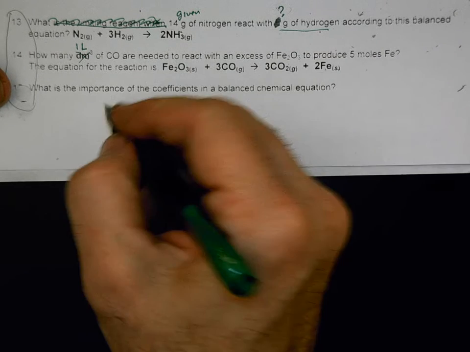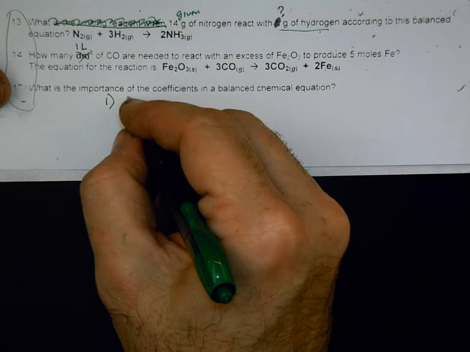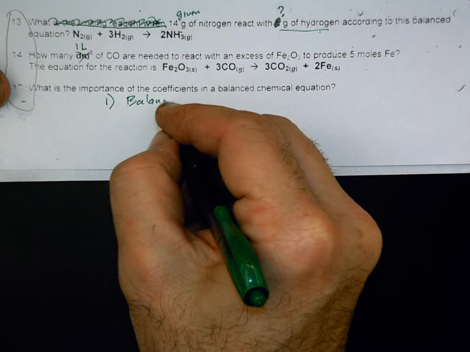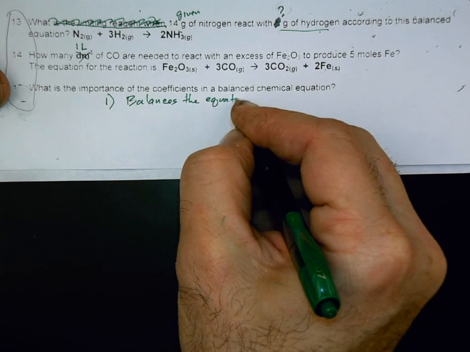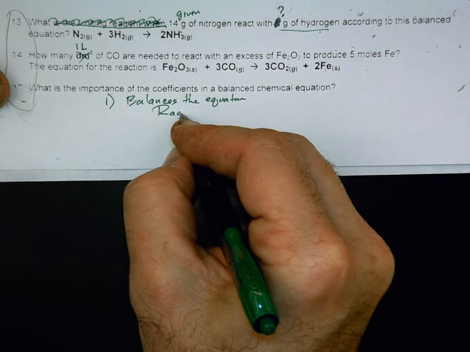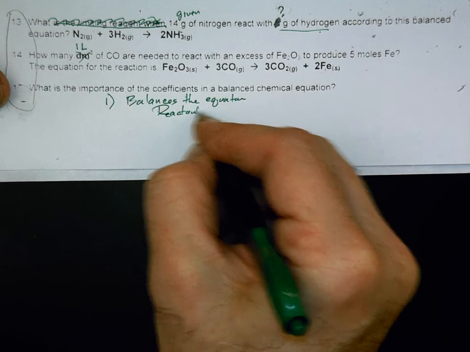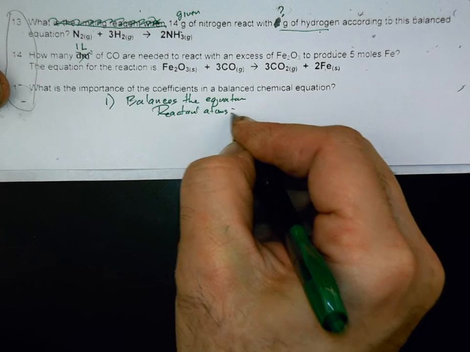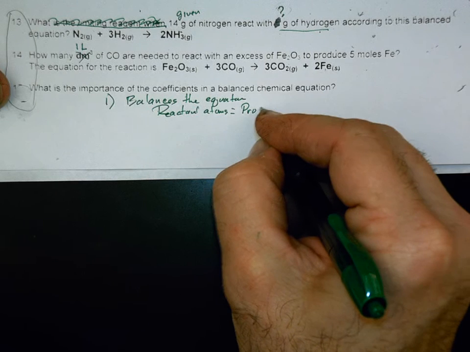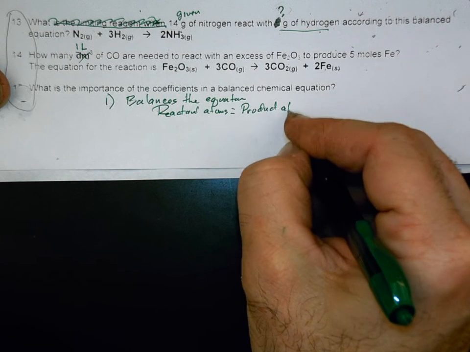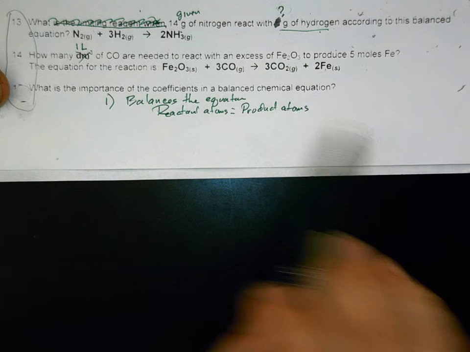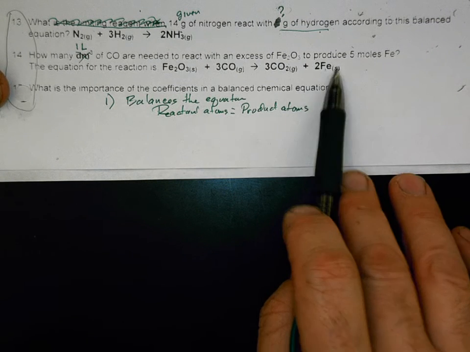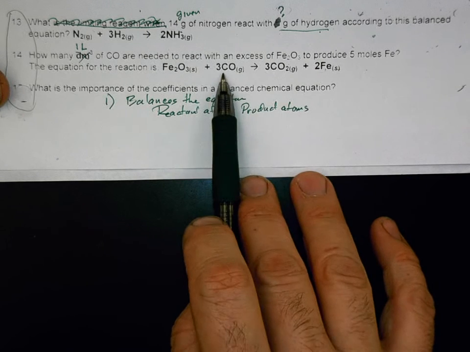So first off, the importance of coefficients, it balances the equation. Reactant atoms equal product atoms. And then the second thing why this is important for us, when we're doing the conversions in this last problem, we had to convert from moles of iron into moles of CO, carbon monoxide.